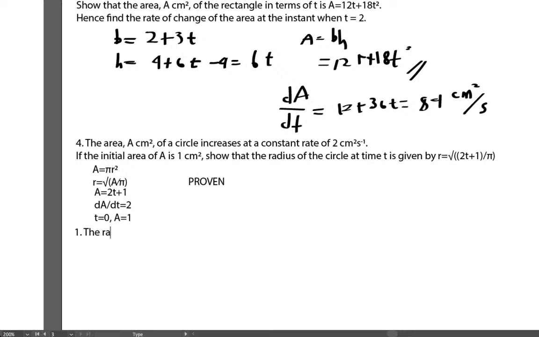The radius of a circle increases at a rate of 2 centimeters second negative 1.